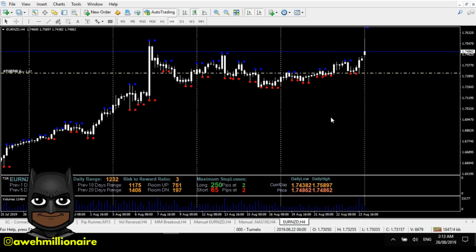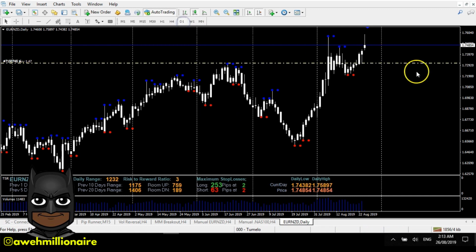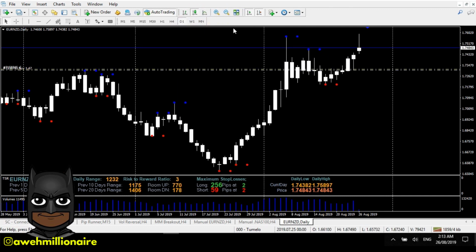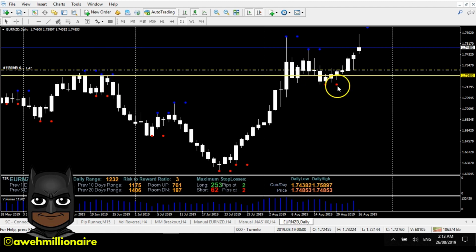So the first thing with EURNZD was that it was testing a key level of support and resistance, and this level was identified on the daily time frame. As you can see over there, price broke the resistance and came back to test it.